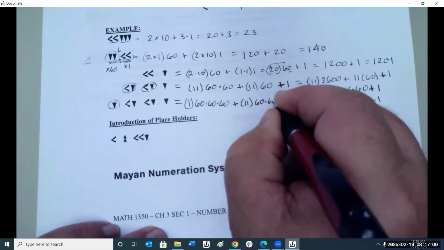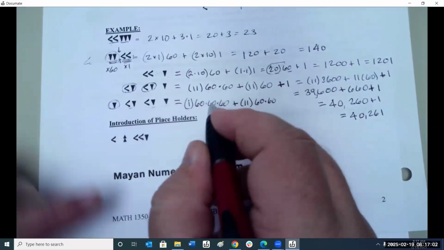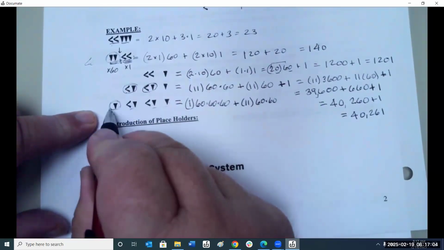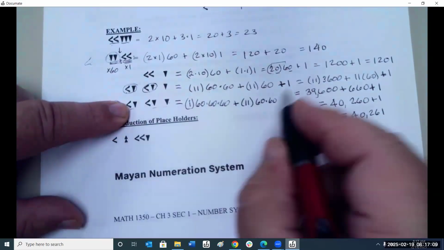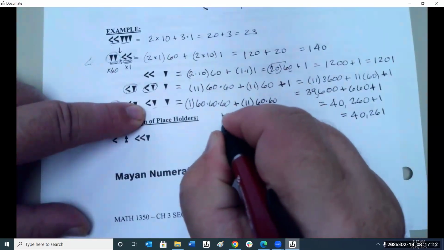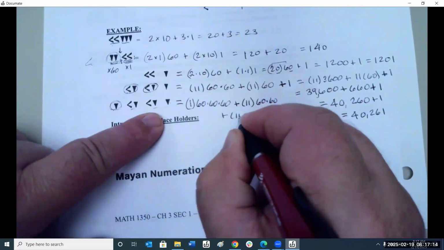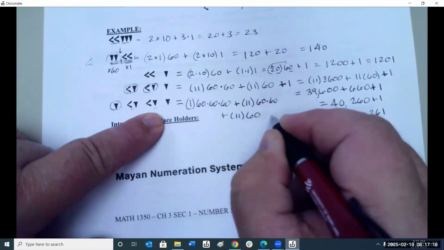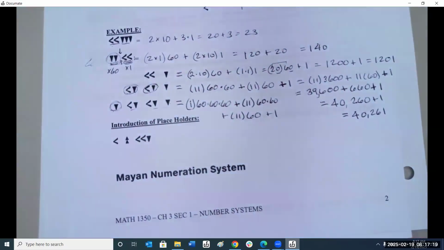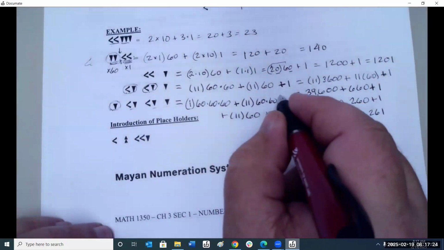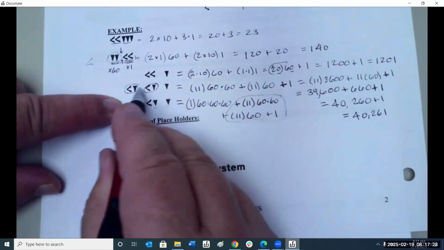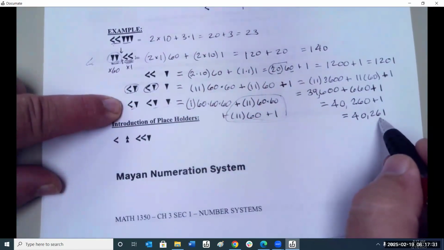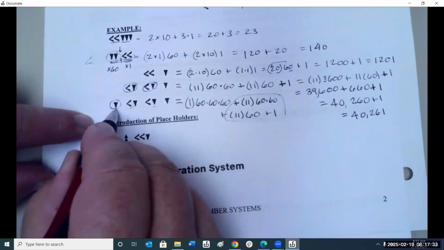There's 1, 2, 3 sixties. Yeah, that's 60 cubed. And then we have 11 times 60 plus 1. We know this one already, because it is the same as the one we just did. So that's 40,261. We just have to do this first one.